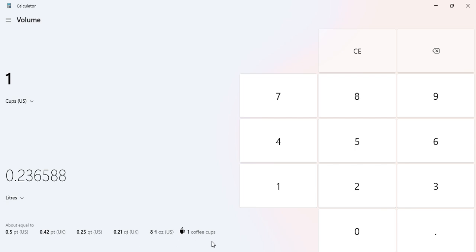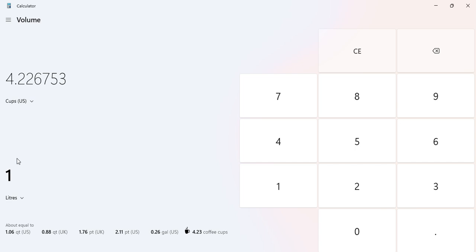The conversion is provided automatically: one US coffee cup volume is equal to 0.236588 liters, right? And we can also enter 1 liter. 1 liter is equal to 4.226753 US coffee cups. So like that we can convert the information.